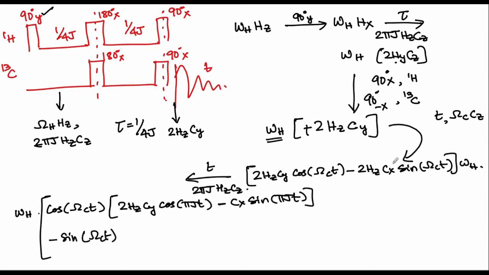All I am doing is evolving this term right now. Previously, we have evolved this term to get whatever we want, times 2Hz Cx cos pi J t plus Cy sin pi J t.